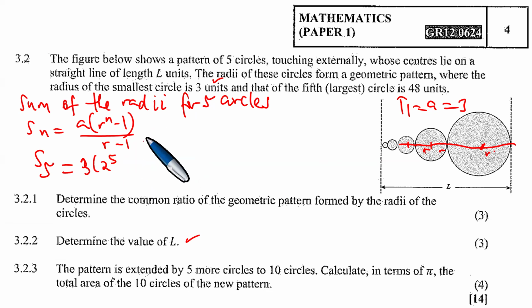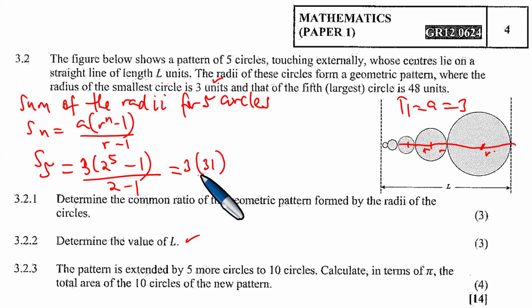The common ratio is 2, we got that before in the previous question, and here we have 2 minus 1. We're able to see that at this point we have 3 open bracket, 2 to the power 5 is 32, minus 1 is 31. 3 by that is exactly 93 units. So now S5 is exactly 93 units.